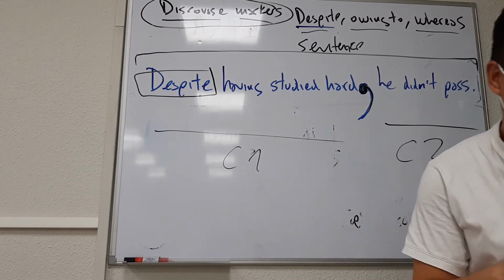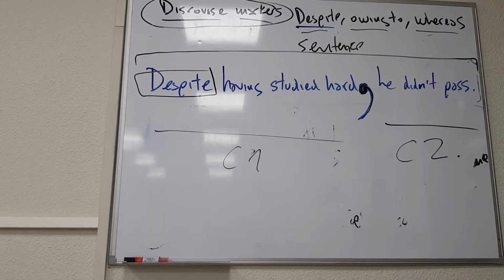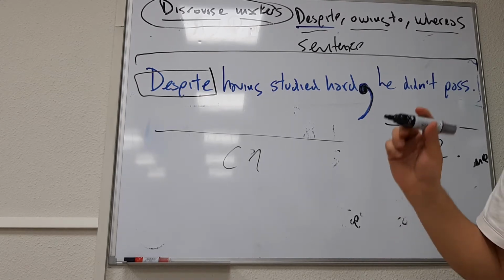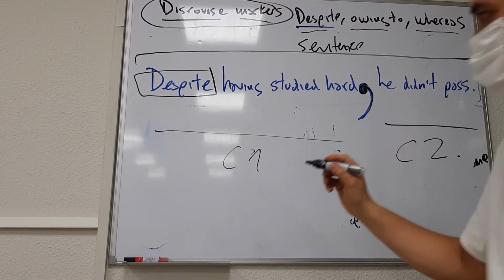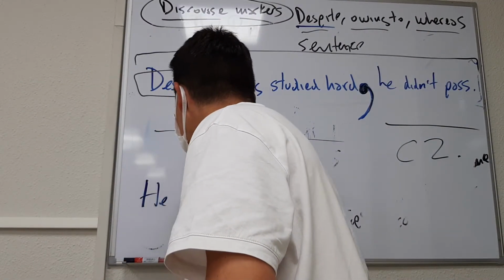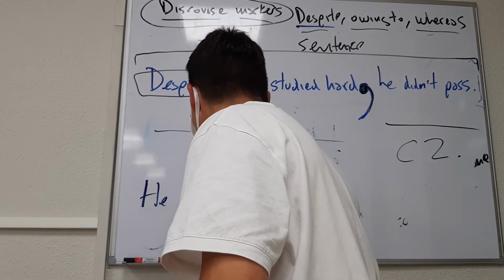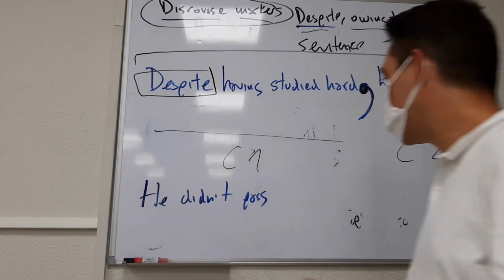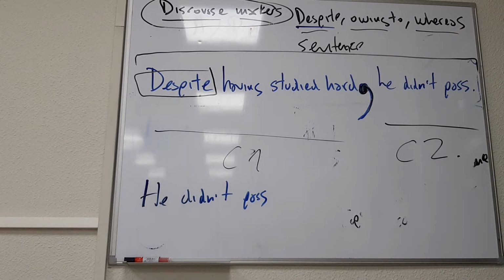Is there anywhere else where you could place despite? Okay, I'm going to give you the beginning of the sentence. He didn't pass. You could also say, he didn't pass. Yeah, give it to me, Irene. I think you got it.